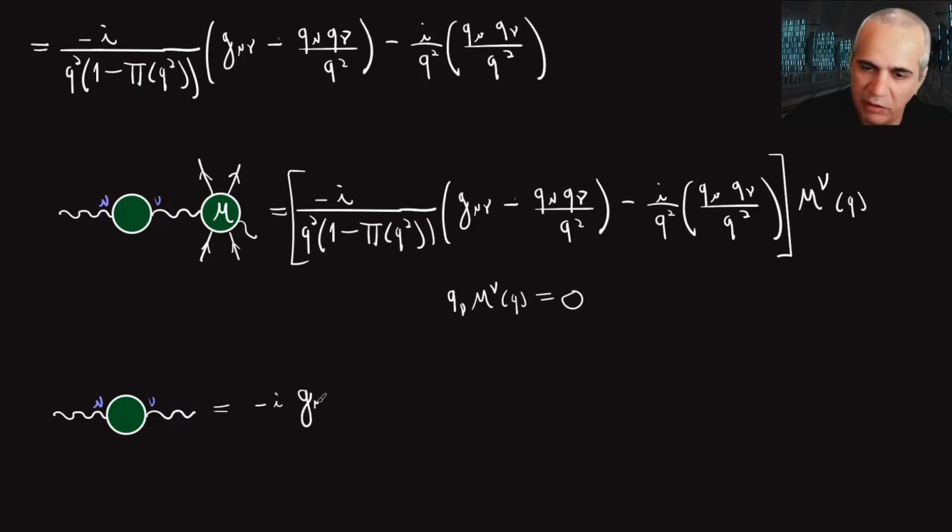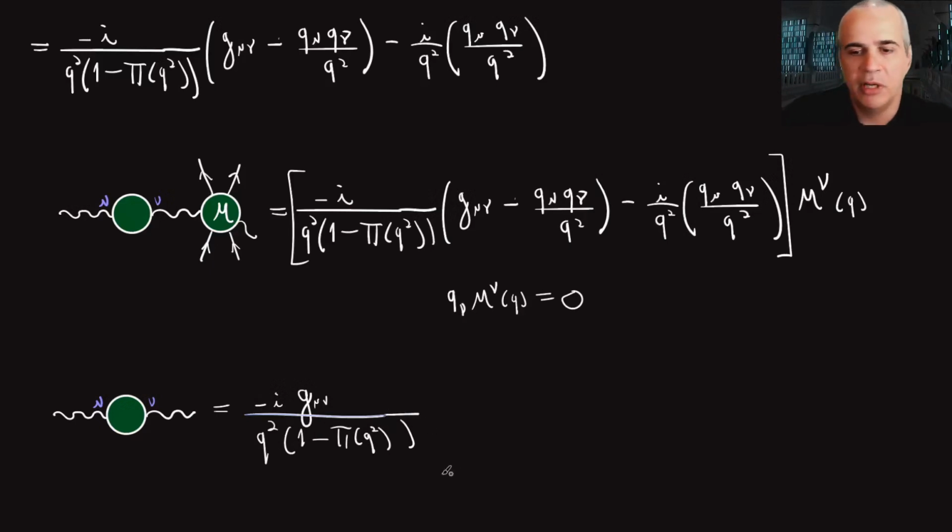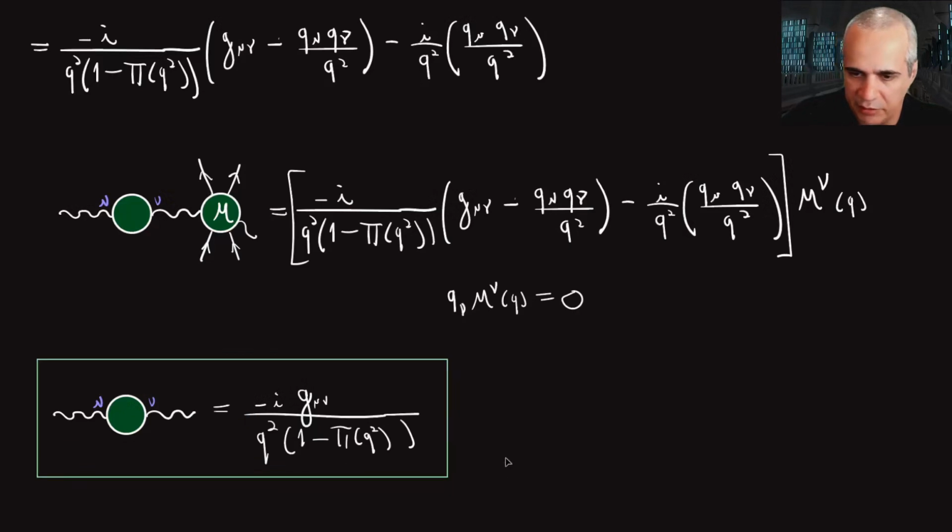Really, the only thing that I need to amputate to get an S-matrix element. So when I'm talking about putting the external photon on shell to get an S-matrix element, this is the thing that will produce the pole that gives me an on-shell photon. For all purposes, this is the full photon propagator.